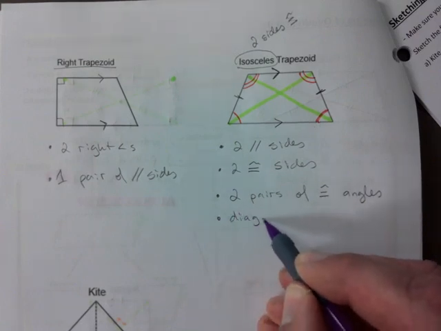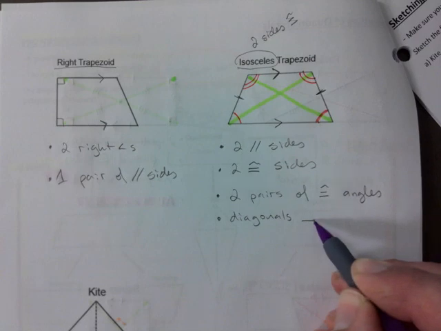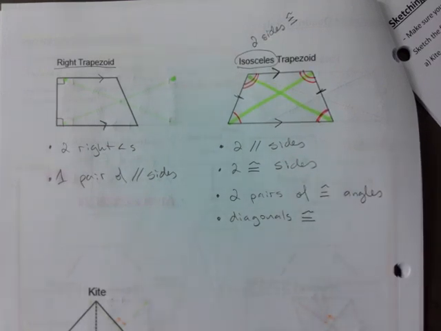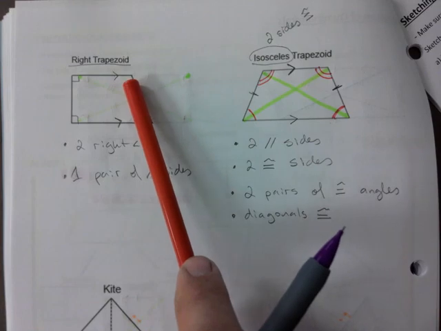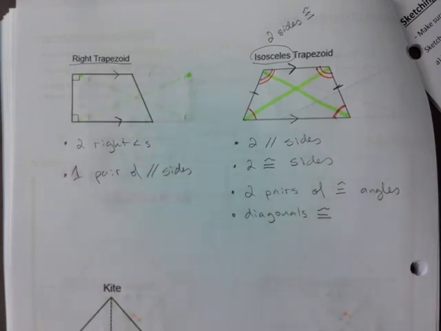Diagonals are congruent. And I know some of you can write extremely small. You probably fit all properties on there just in case. The diagonals of this one up here, one would be short, one would be long. They don't bisect, so we're not talking about it.